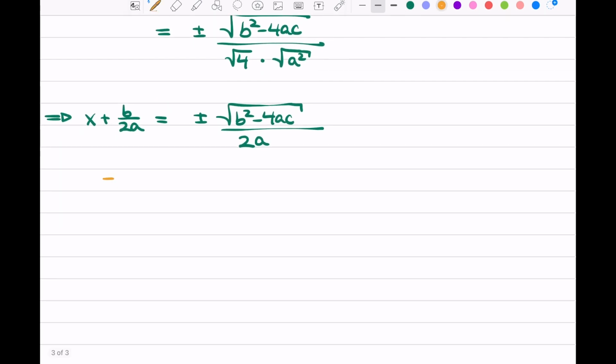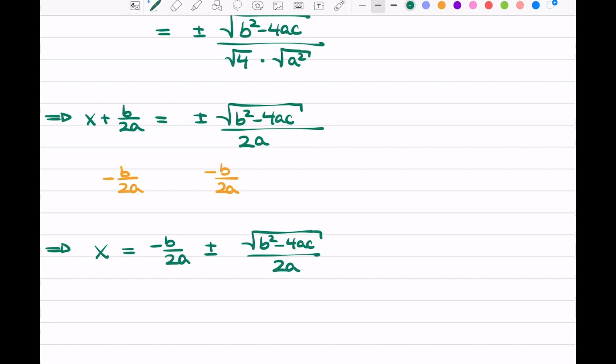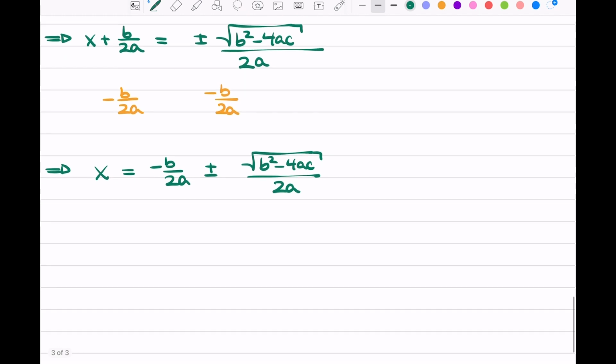Now we'll subtract b over 2a from both sides. And that leads to x equals negative b over 2a. And we have our positive or negative, which we can think of as plus or minus the square root of b squared minus 4ac over 2a. Now onto our final step.